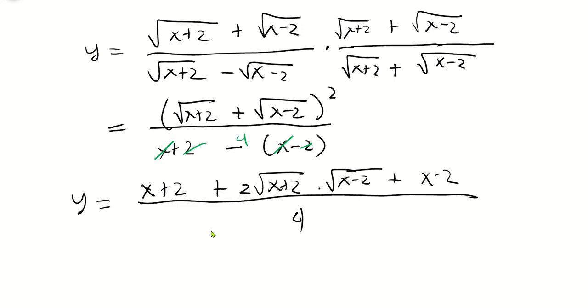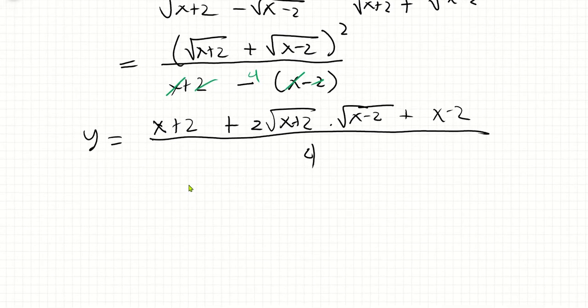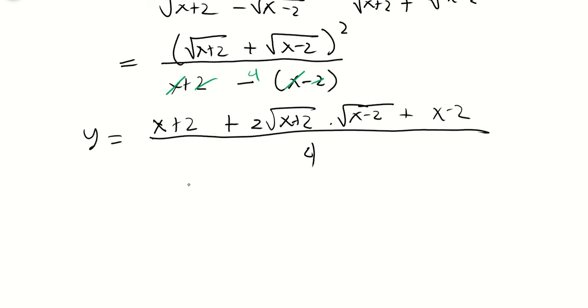So to simplify this further, we can make x plus 2 and x minus 2 inside the square root. So it will be x plus 2 times x minus 2.